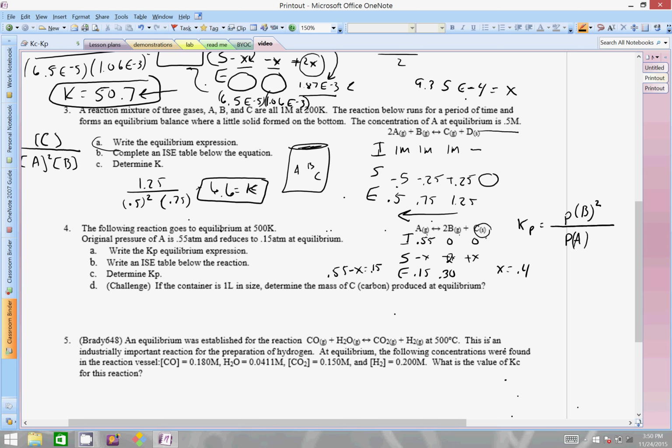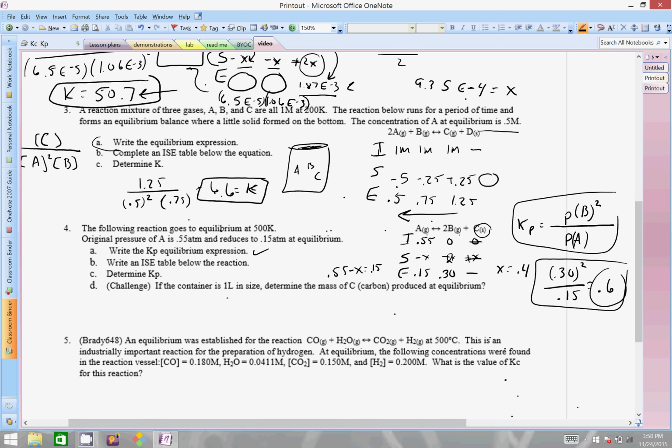I'm gaining this other amount, but it's a solid, so there's no concentration to gain. It's going to be involved in moles or mass, a non-concentration item. So B is going to be 0.30 squared over 0.15. Alright, so 0.3 squared divided by 0.15 equals 0.6. I now have my equilibrium expression right here. That's this thing here. Did the ICE table, determined Kp right there. Alright, this is the Kp.